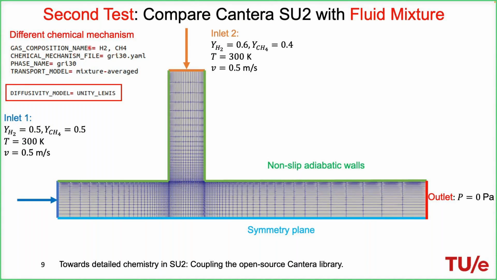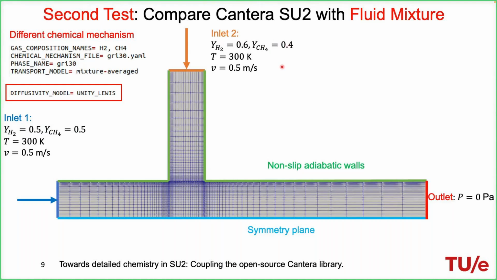We are going to consider a mixture of hydrogen and methane, and in order to test both, we are going to use the diffusivity model unity Lewis. At the first inlet, we have a mixture that has 0.5 content of hydrogen and 0.5 content of methane. And at the other inlet, we have a mixture of higher hydrogen content, 0.6, and methane content of 0.4.